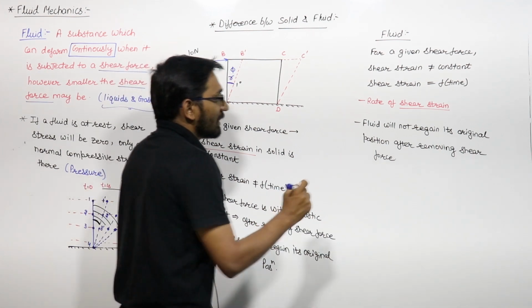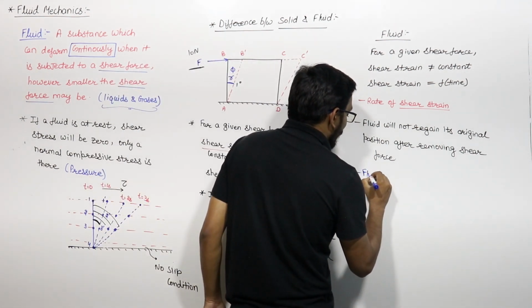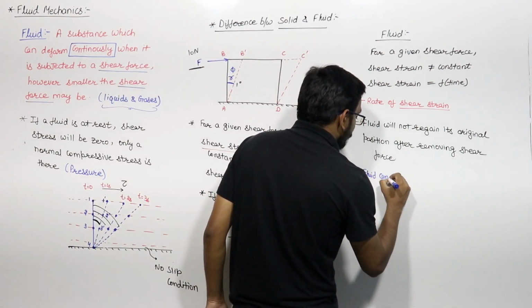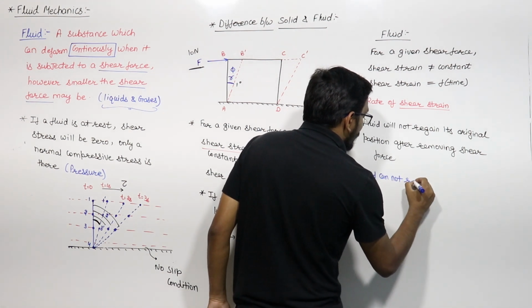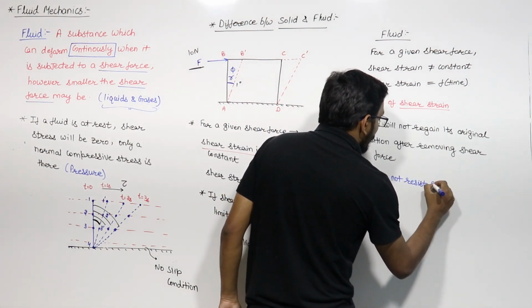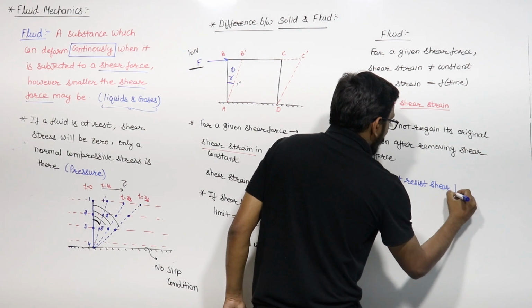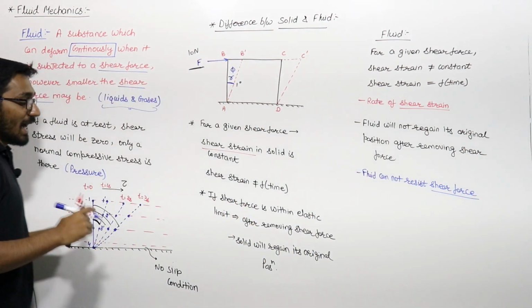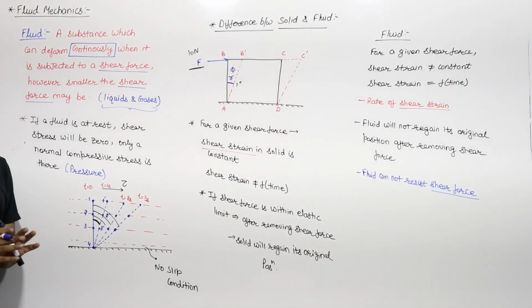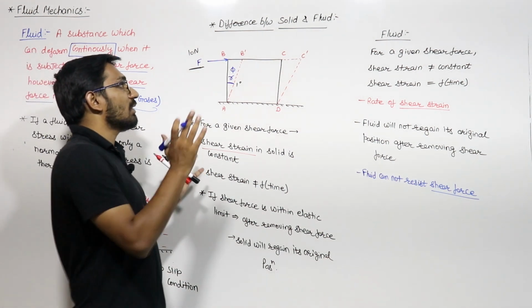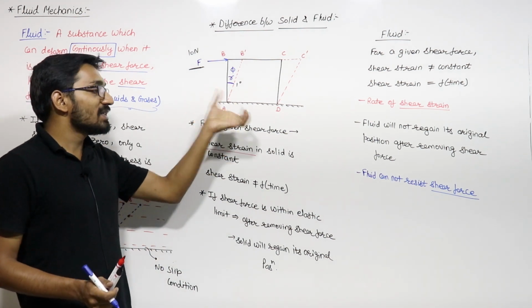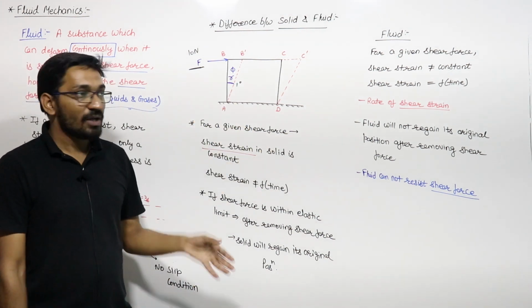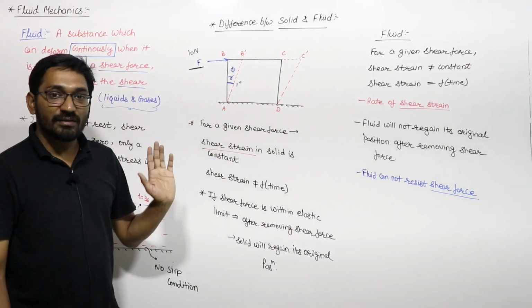But fluid will not have that tendency. Fluid cannot resist shear force. It means that as long as the shear force is acting, fluid must flow. It is not like the solid, which can resist a shear force. So this is the difference between solid and fluid.